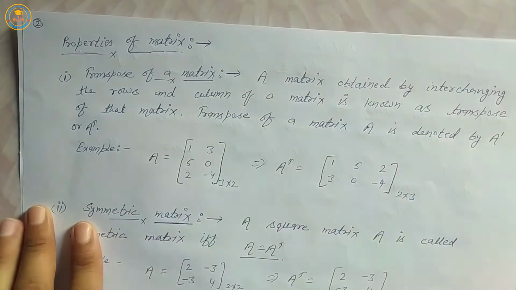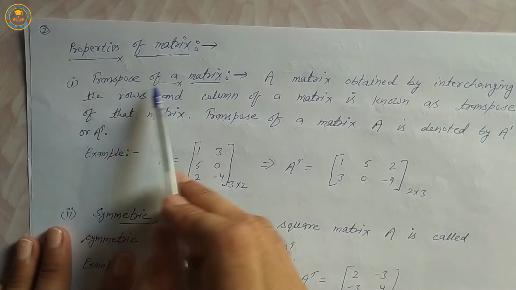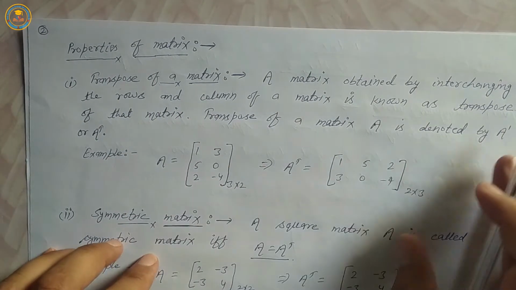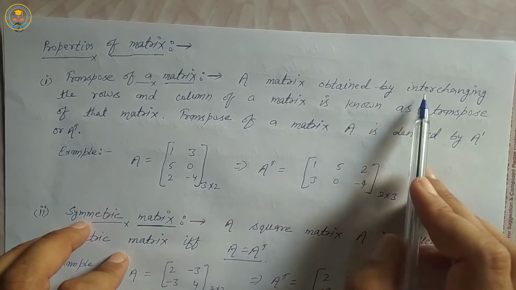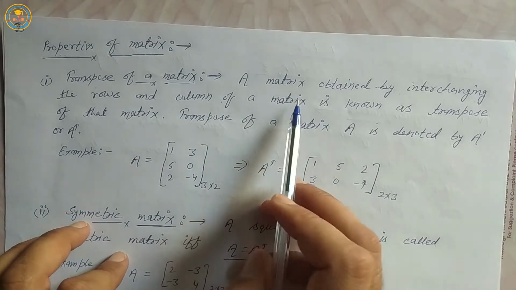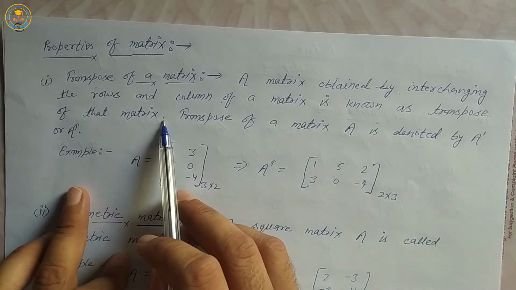Next topic: properties of matrix. First part, transpose of a matrix. A matrix obtained by interchanging the rows and columns of a matrix is known as the transpose of that matrix.